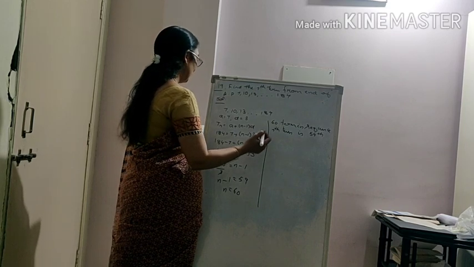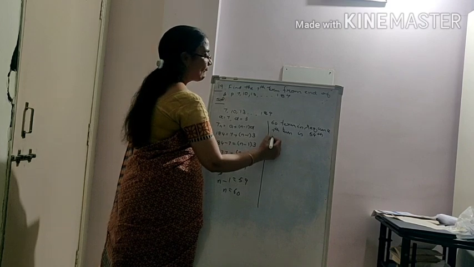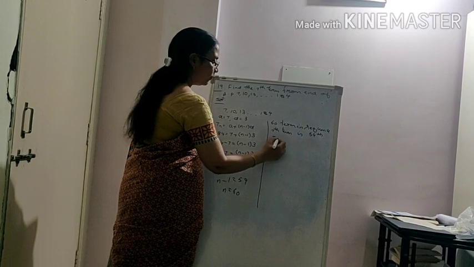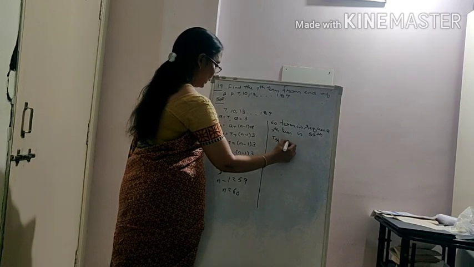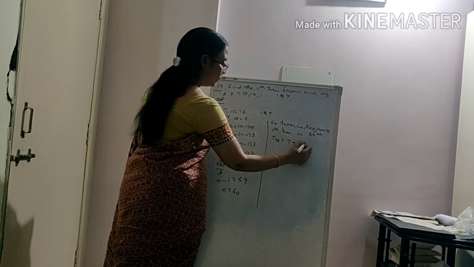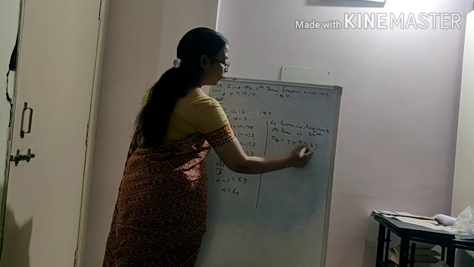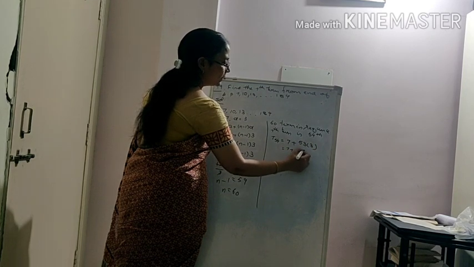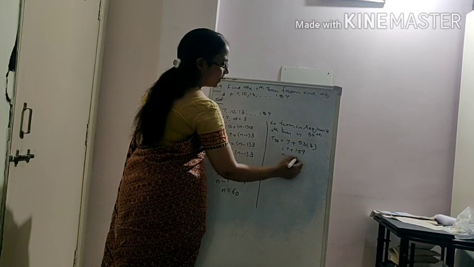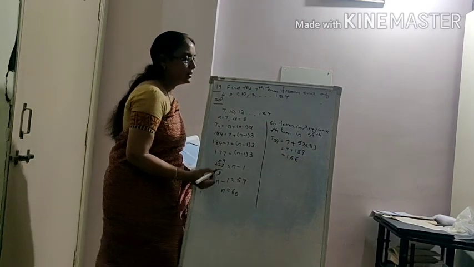So the 54th term is equal to 7 plus 53 into 3. 53 times 3 is 159, and 7 plus 159 is 166. This is your answer.